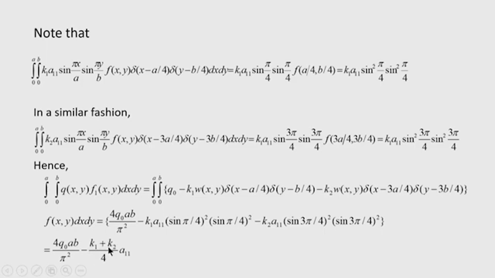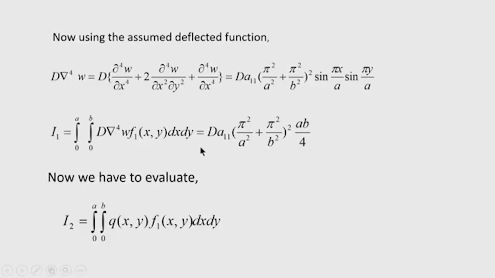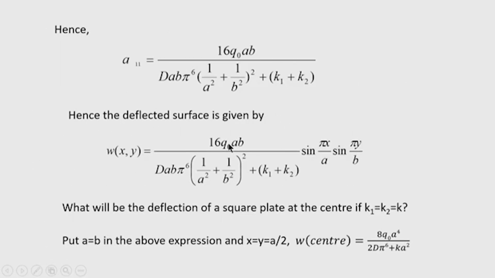Okay. And the first term that we got, I 1, is D a 1 pi square by a square plus pi square by b square whole square a b by 4. Equating I 1 and I 2, and finding a 1, which is the only unknown in this expression, we get this quantity.